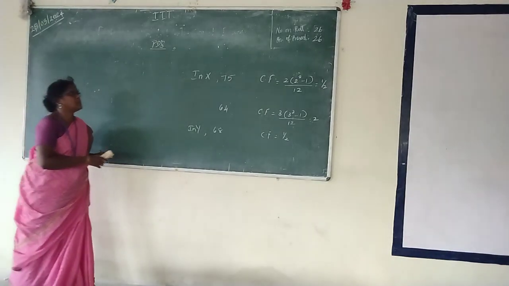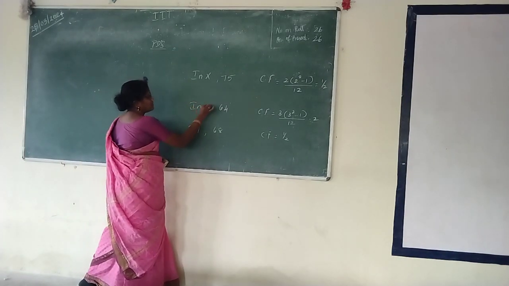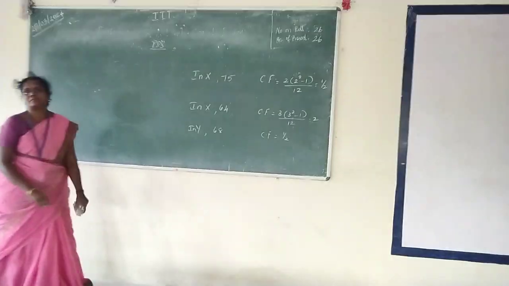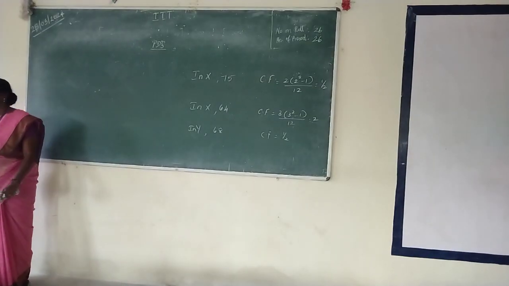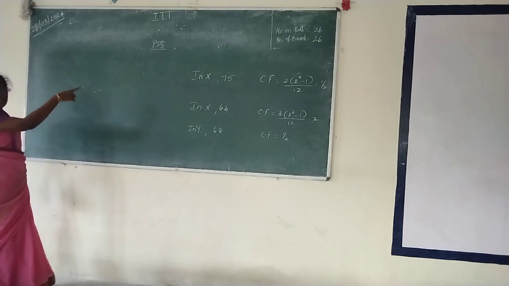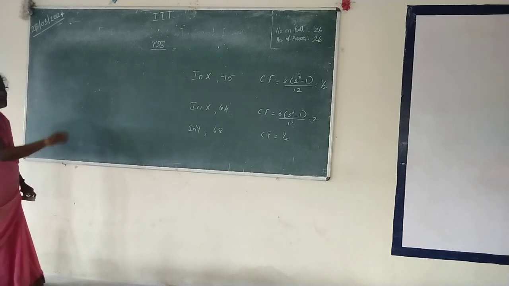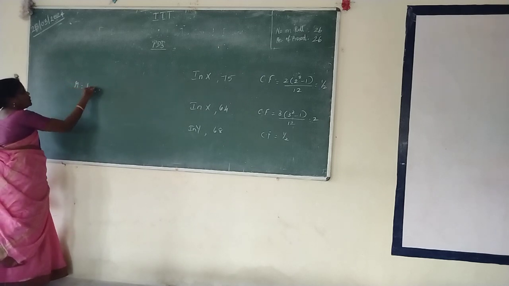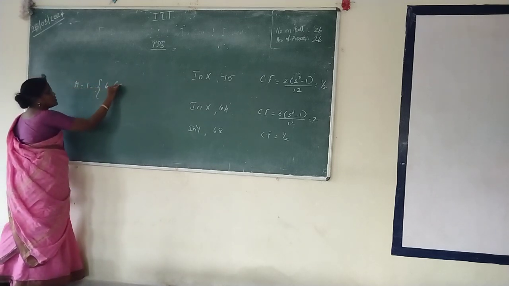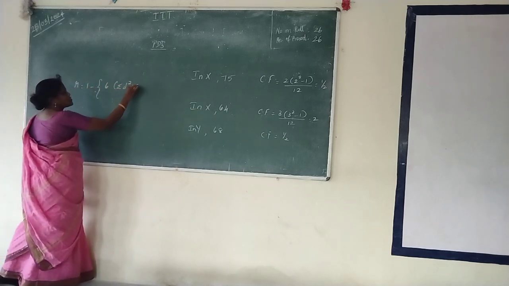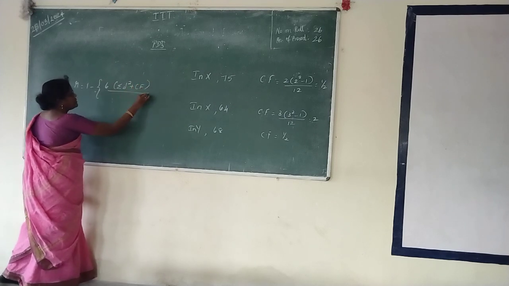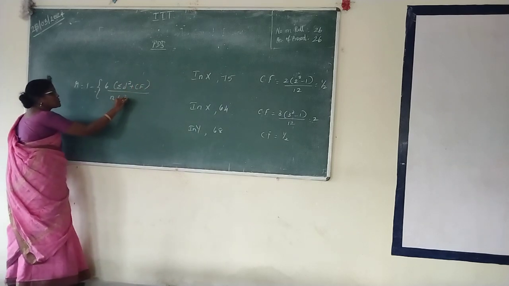Okay, let's continue. R is equal to 1 minus of 6 into summation of d square plus correction factor, divided by n into n square minus 1.